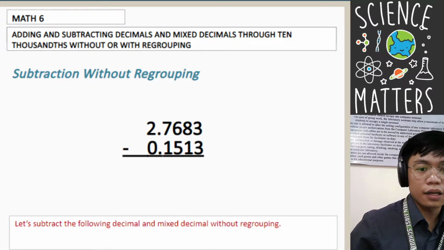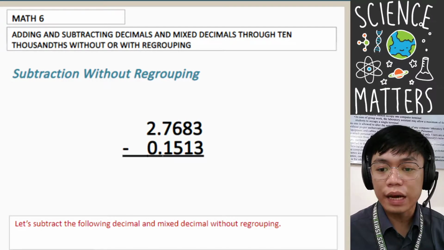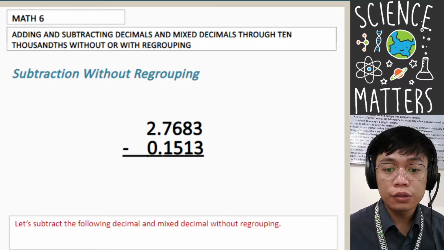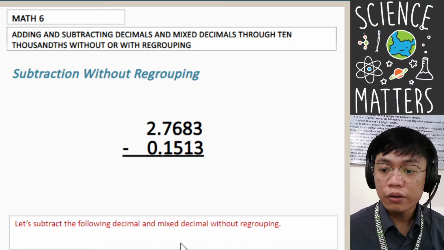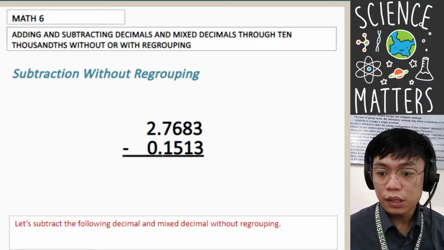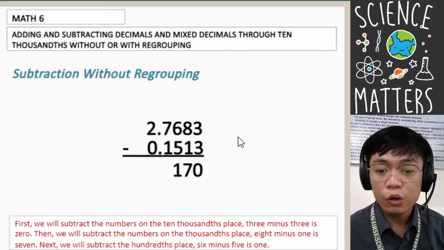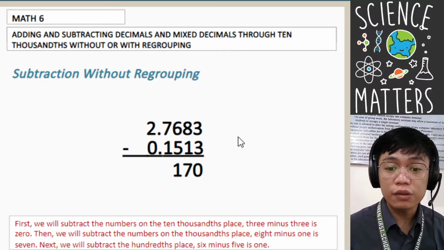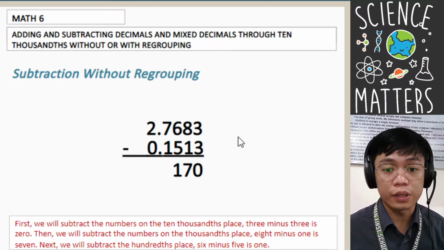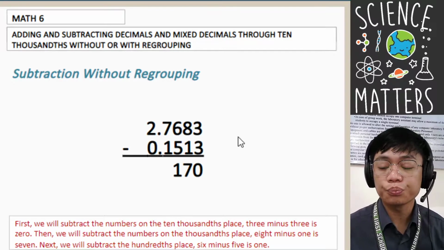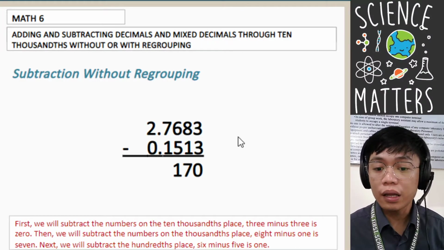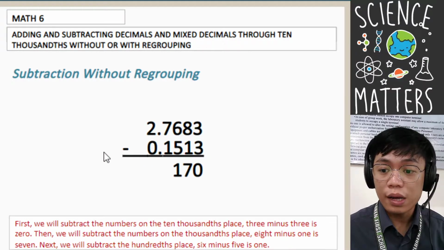Now, in this slide, we are going to subtract decimal numbers without regrouping. Here are the examples. Basically, we are going to subtract or find the difference of the following numbers. Just like in addition, we are going to subtract the numbers from right to left.